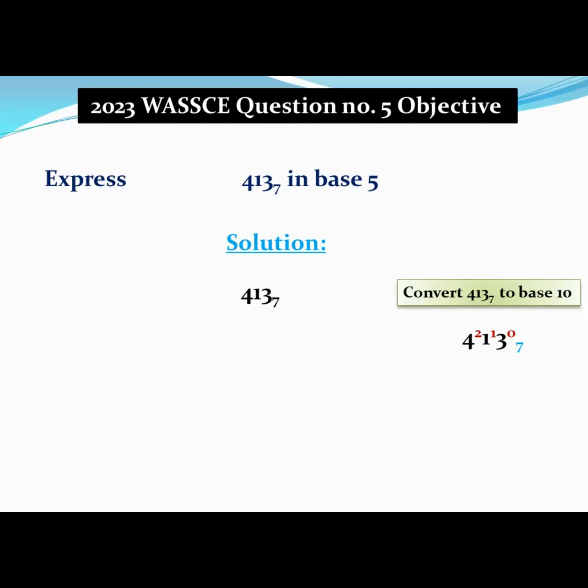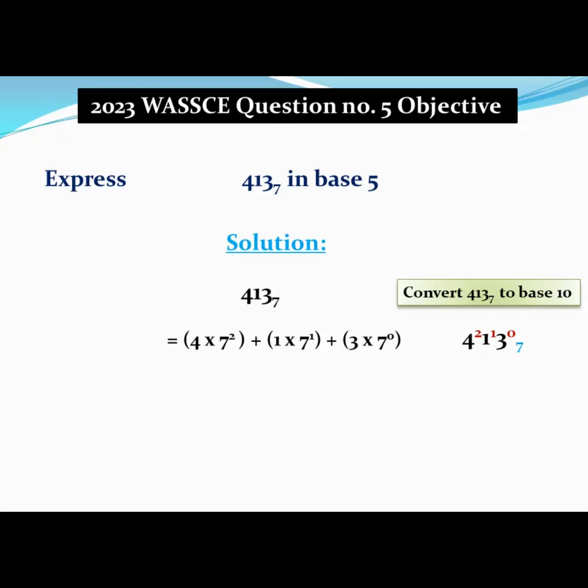So I start from 0 at the 3 and count to the left: 0, 1, 2. Now we have 4 times 7 to the power of 2, plus 1 times 7 to the power of 1, plus 3 times 7 to the power of 0.